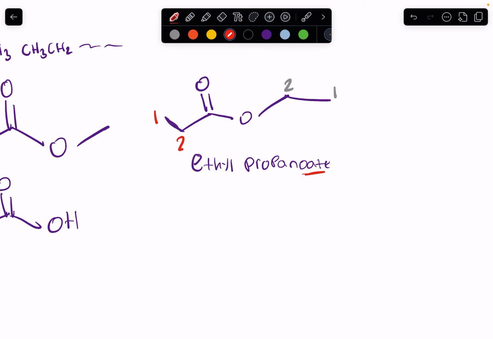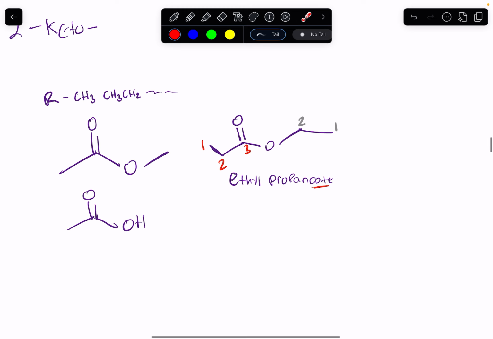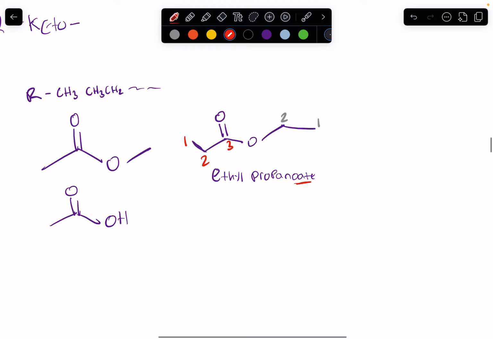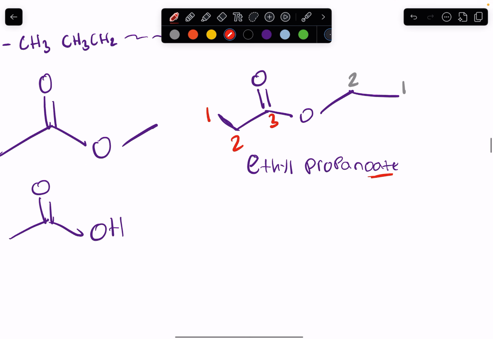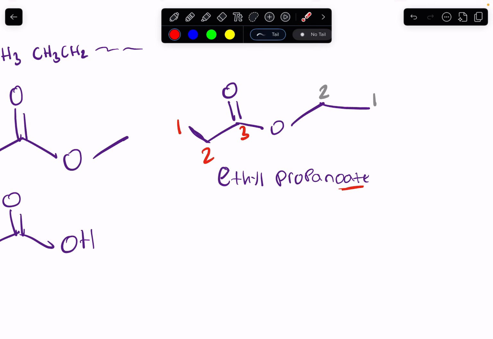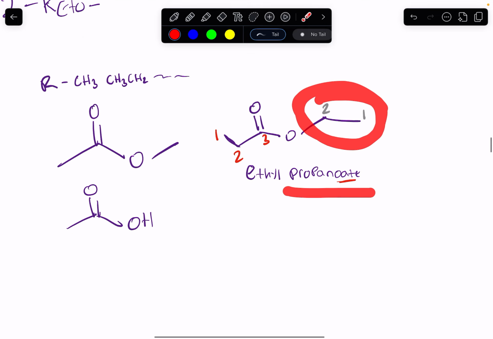Okay, 1, 2, 3. So it's going to be ethyl propanoate. Okay, and that's all you need to know about esters for now. So again, make sure that you can do that. Usually this part tricks people up, but make sure that you start with what's at the end and then you finish like you would normally.